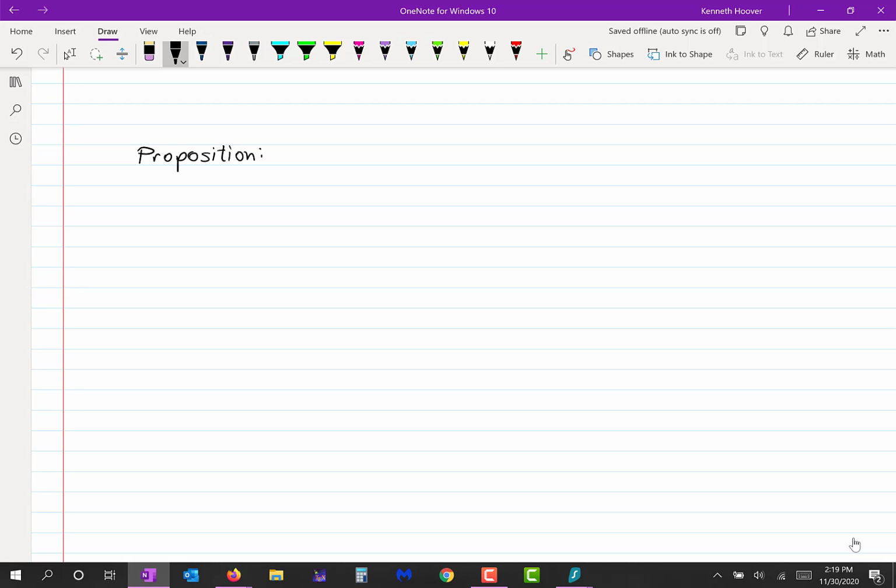It says, for all integers beginning with 0, so for all integers n equal to or greater than 0, 2 to the power 2n minus 1 is divisible by 3. Okay, let's prove that.